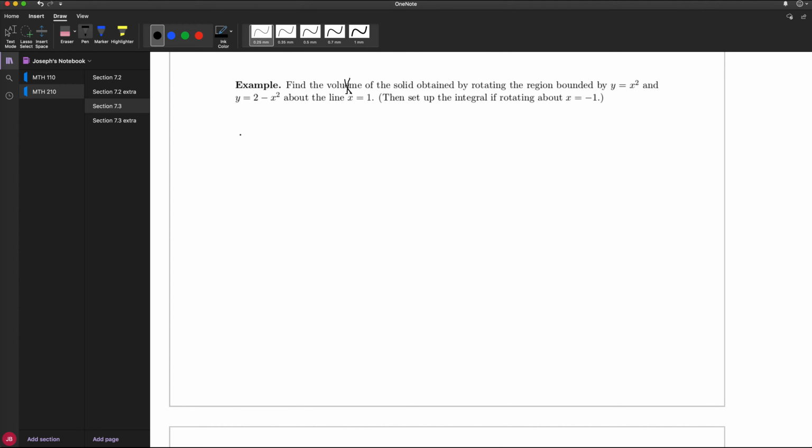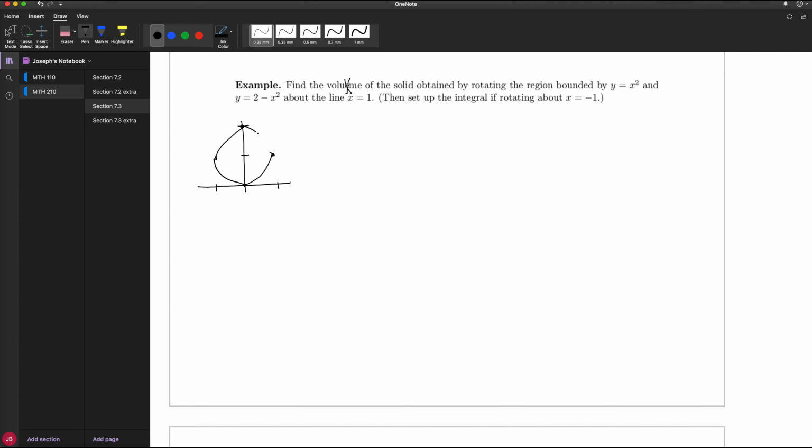So we've seen graphs like this before. So let's see here. X squared is just the normal standard parabola, I guess you would say. So it starts at 0, 0, and then kind of curves up in both directions. 2 minus x squared is the upside down parabola starting at height 2.